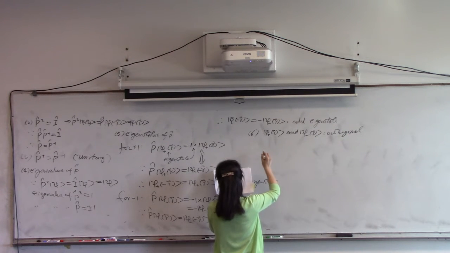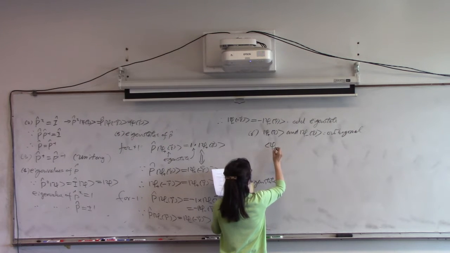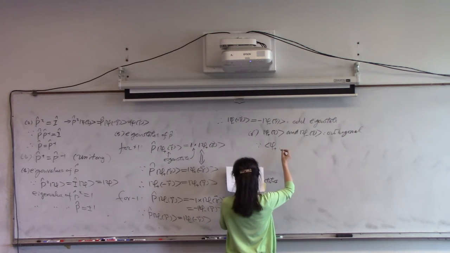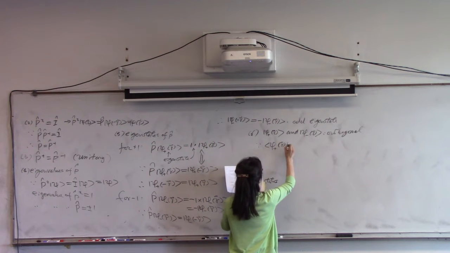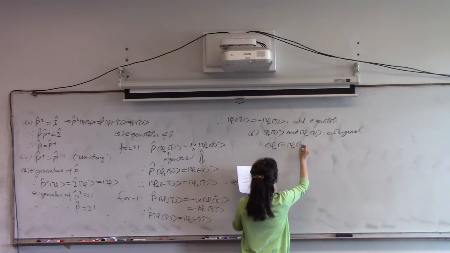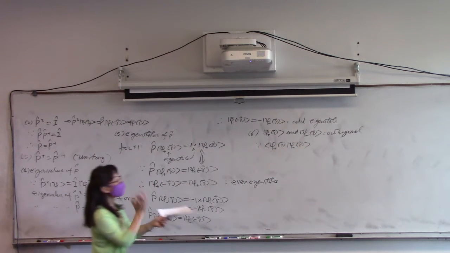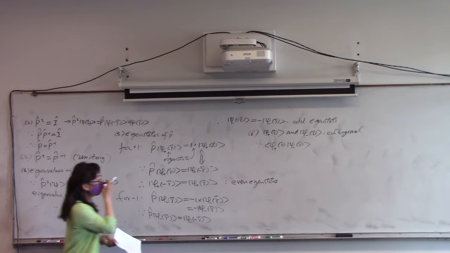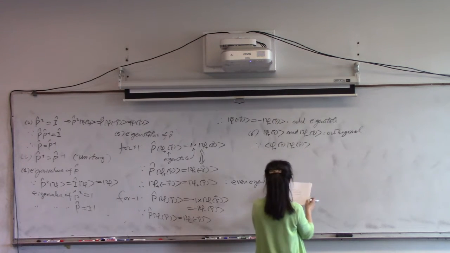How to prove that? Just look at this inner product. If they are orthogonal it equals 0, right? If not, it is not orthogonal. So now let's look at this one.